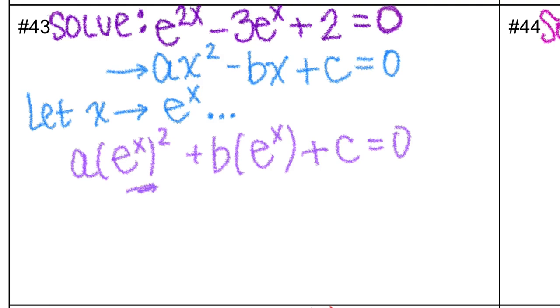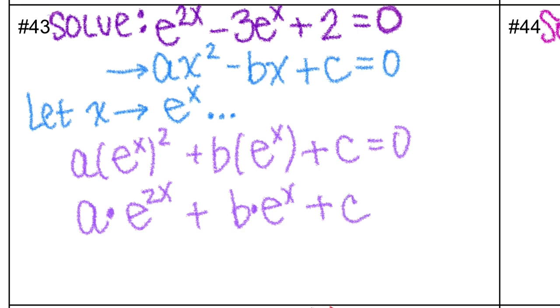And when you raise something that's already raised to a power to a power, property of exponents, we're going to multiply those powers. So we have a times e to the 2x, x times 2 is 2x, plus b times e to the x plus c, some constant, is 0. So that right there is the structure, which is very, very close to what we see right here, where the a is 1, the b is -3, and the c is 2 right there.